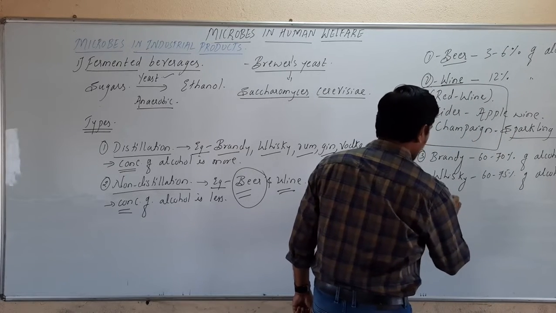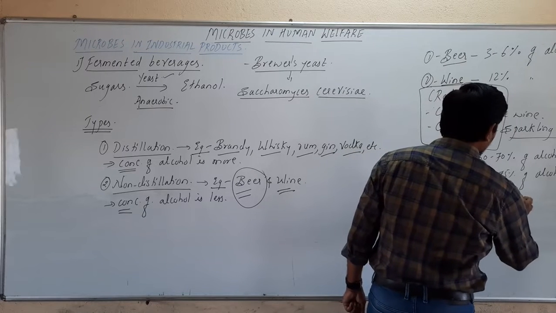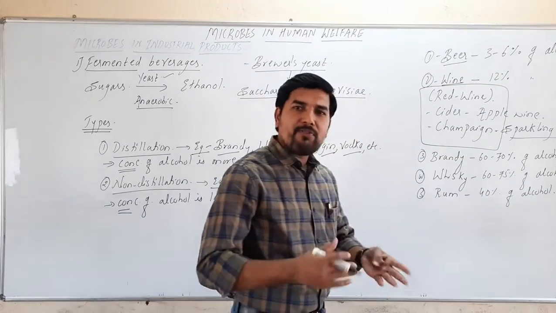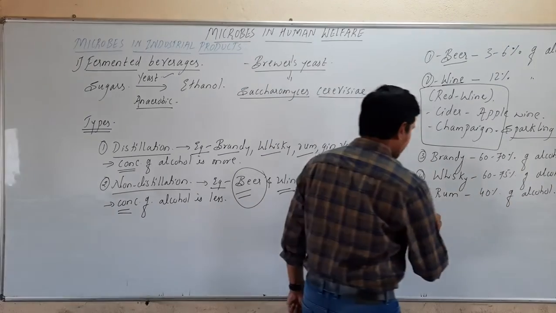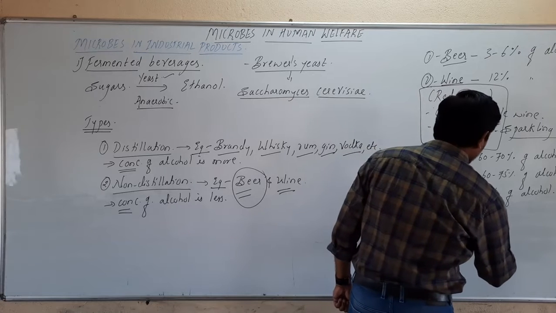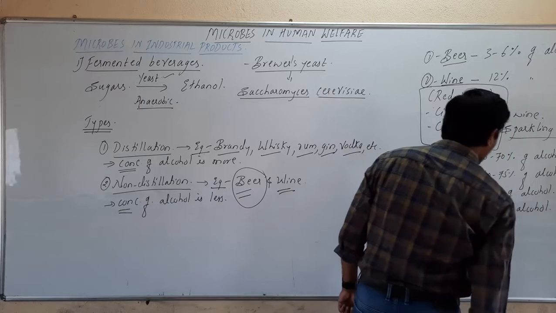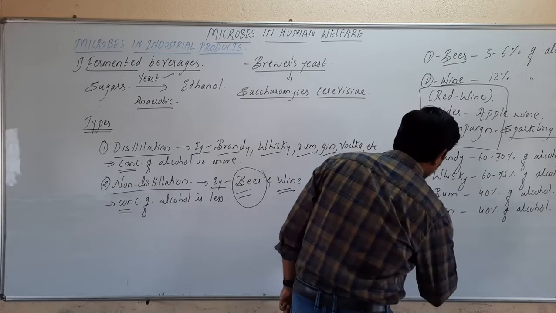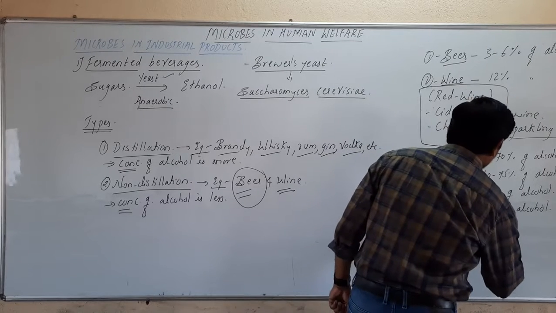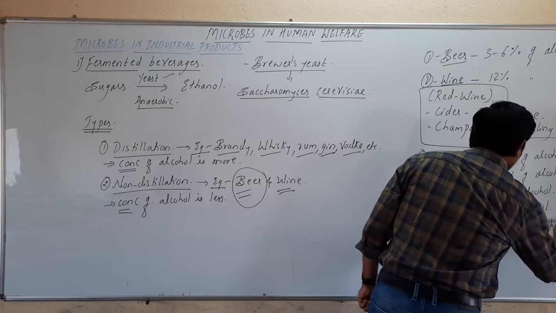Then rum contains around 40% alcohol, and may measure between 40 to 50% also. Then gin contains 40% alcohol. Then vodka contains around 60 to 80% alcohol.